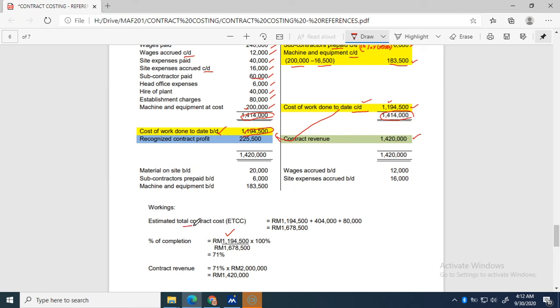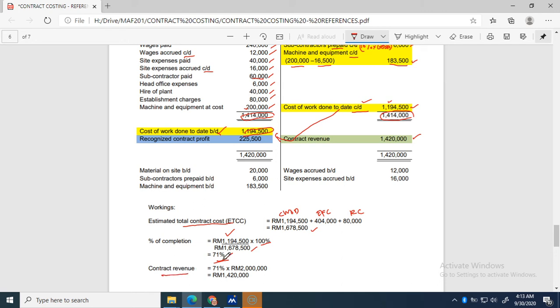How to get estimated total cost? Cost of work done to date plus estimated future cost plus rectification cost. So you get 1,678,500 ringgit. Times 100 to get percentage is 71%. So this is the percentage of completion.